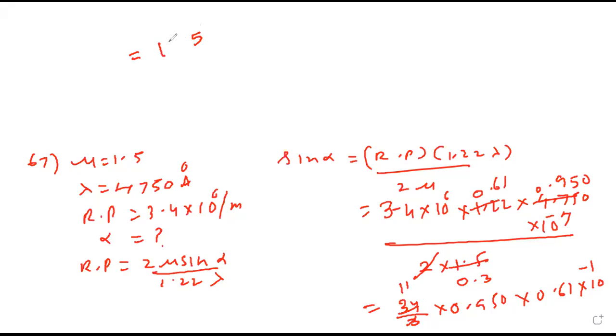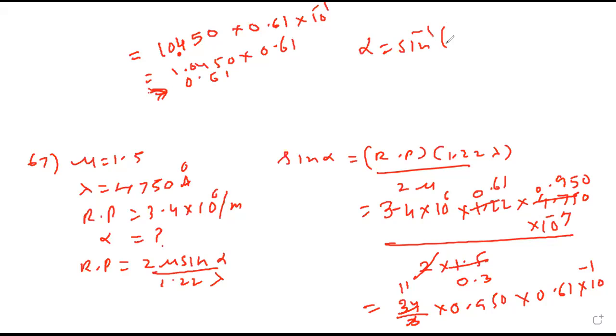And after 3-digit decimal, into 0.61 into 10 raised to minus 1. So this is close to 1.0450 into 0.61. That means this will be slightly greater than 0.61. Correct? So alpha will be greater than sine inverse of 0.61.